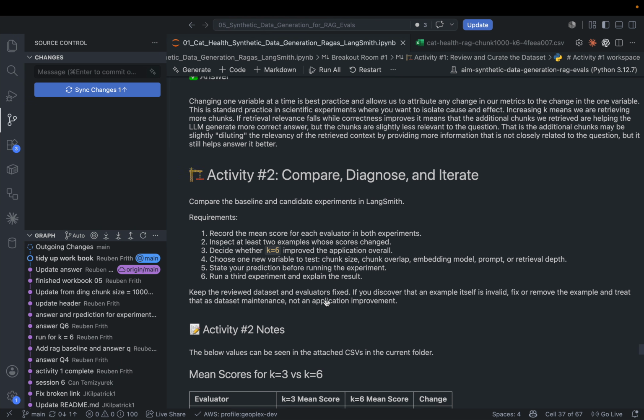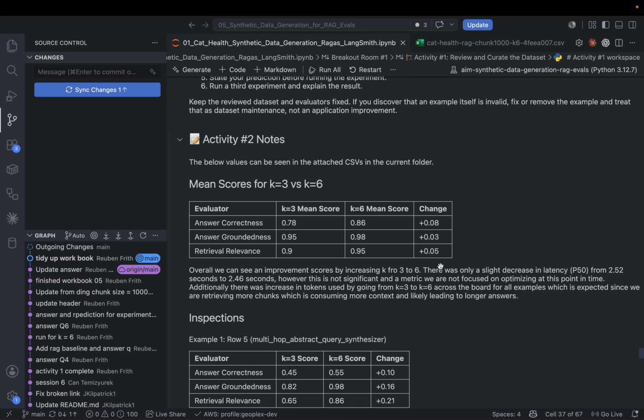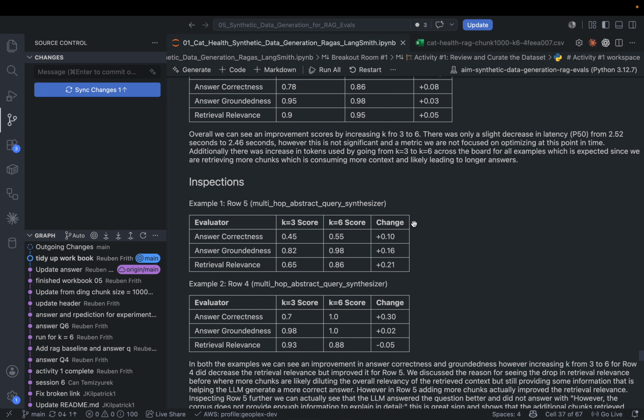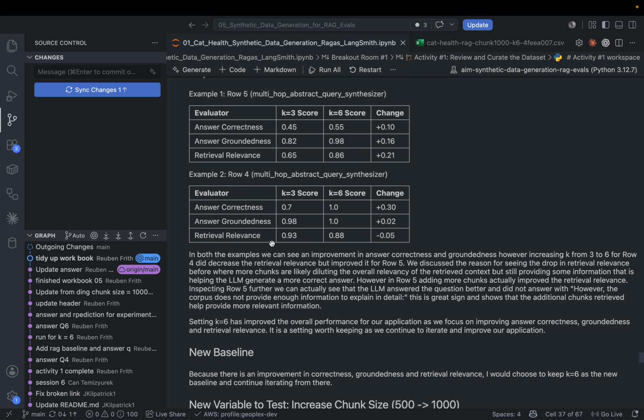And so I've got a bit of a table here that kind of shows the changes overall across those 3 metrics that we're focused on. And yeah, you can see here that generally overall things did increase. However, on row number 4, there was a slight decrease in the retrieval relevance.